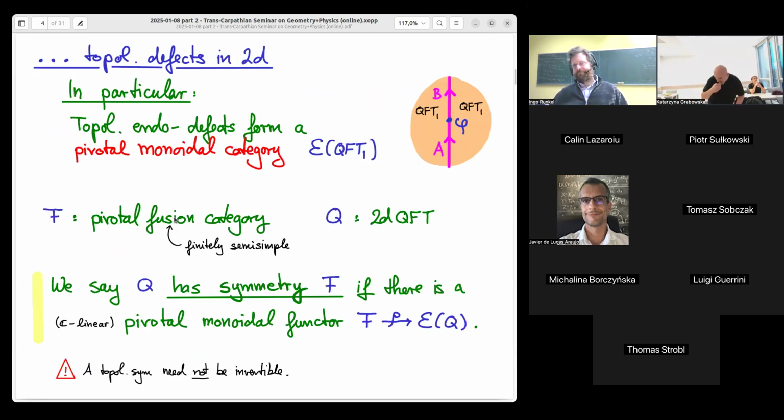In particular, if I focus on the fact that the quantum field theory is the same on either side, then I'm looking at endomorphisms in this bicategory. Let me just call these topological endo-defects. Now they form a pivotal, because of these dualities, monoidal, because there's a tensor product, and again, a category. That's something we saw in the Ising example.